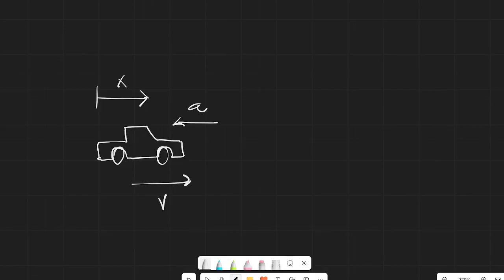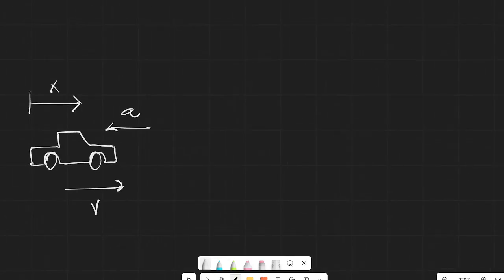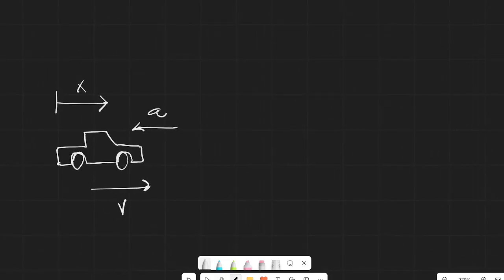I prefer this way. At this point, we are assuming that there is a constant acceleration acting on the vehicle. It starts with some initial velocity and it slows down.